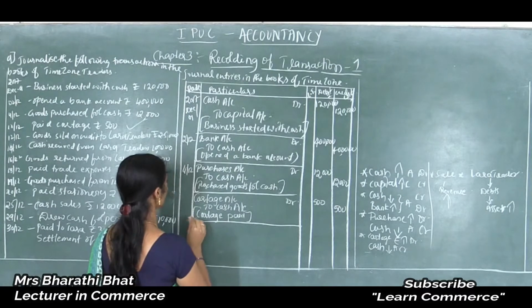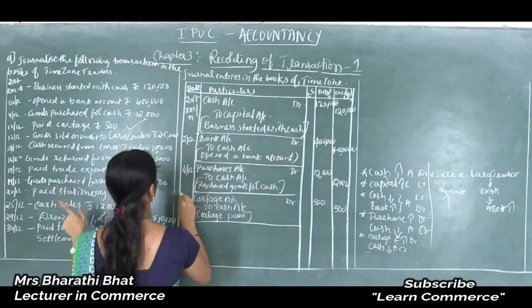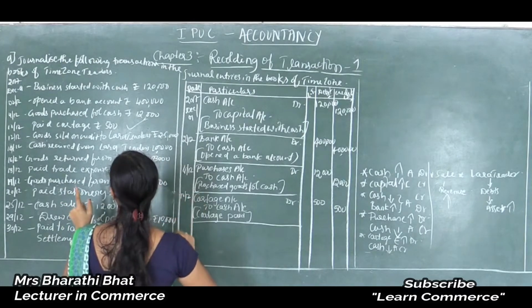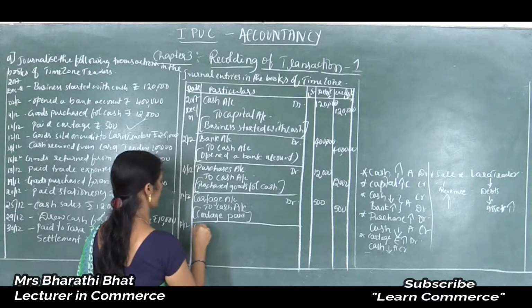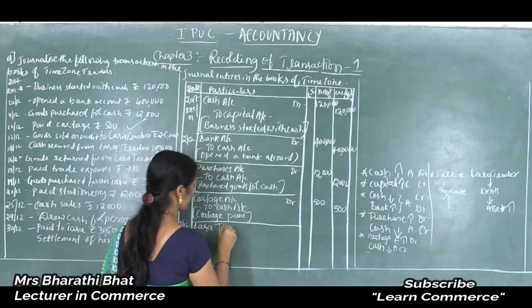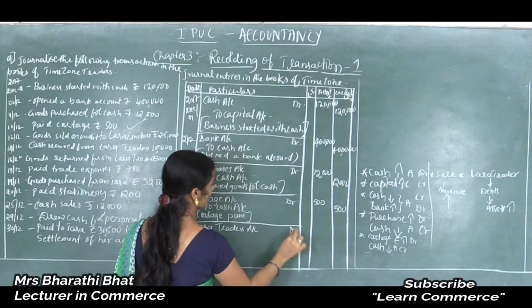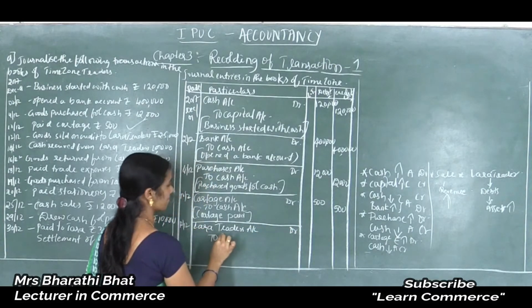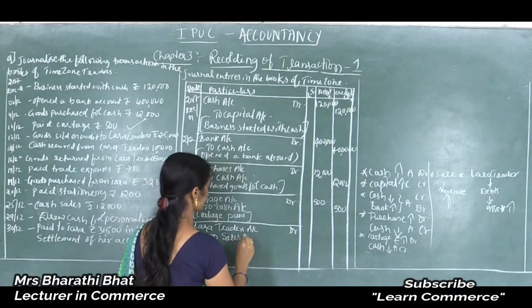Okay. So here, cartage paid and goods sold on 12th. Lara Traders account debited to sales account. Sales account.